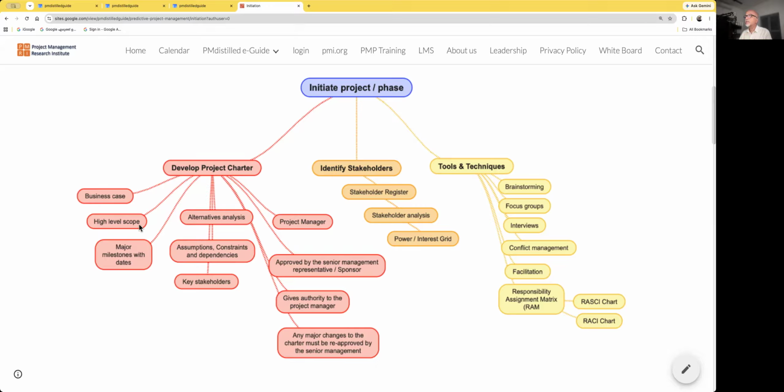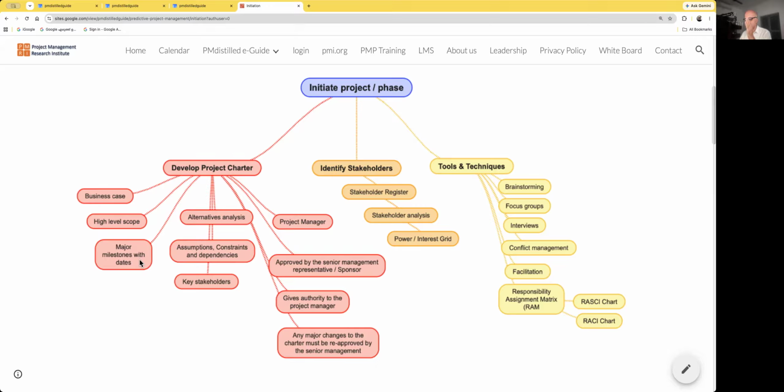Then the charter contains the high level scope of the project. So it is not a detailed scope. It is a very high level scope of the project. And one must define the major milestones with dates, not a detailed one, at a milestone level, like requirements completion, design completion, construction completion, testing completion, handover.